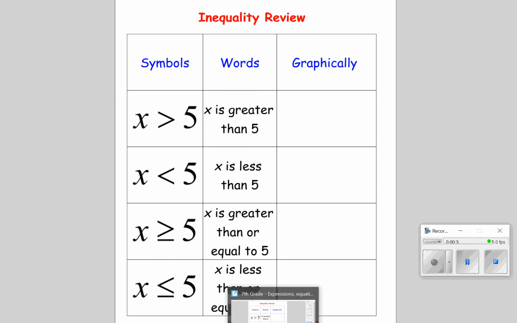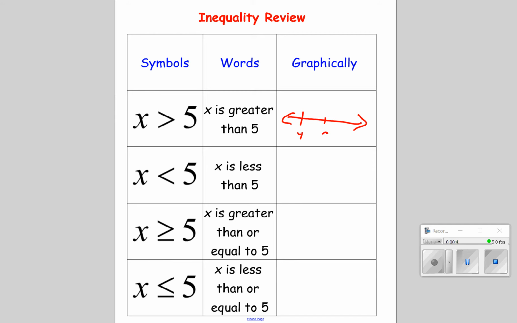If I were to draw a number line, here's my number line. I'll put 4 here, I'll put 5 there, and I'll put 6 there. x is any number that's greater than 5. So what we do is we want to graphically represent all the possible answers. So we put an open circle at 5.